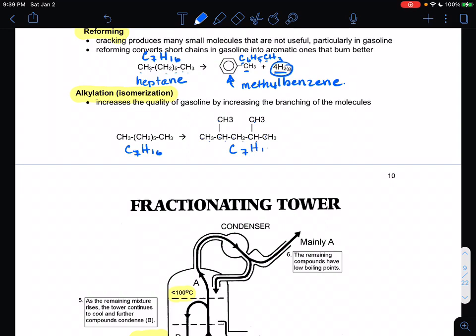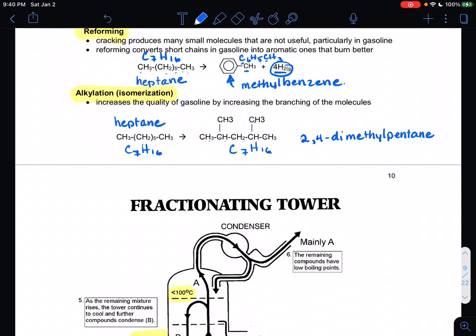So these are isomers of each other. All right. So again, the name for this one, heptane. And this is going to be 2,4-dimethyl pentane. So slightly different properties, and 2,4-dimethyl pentane burns better in a car engine.